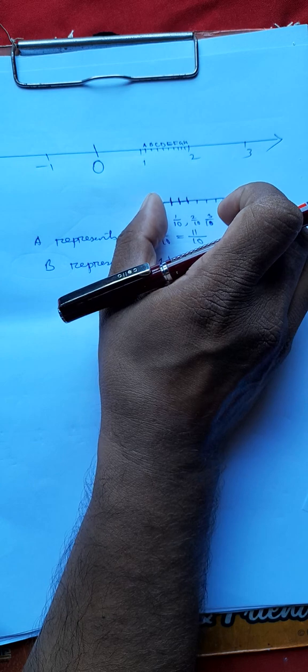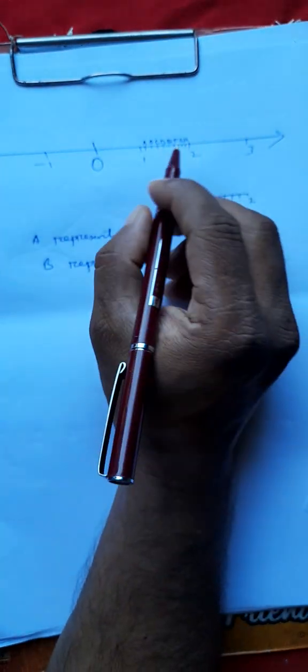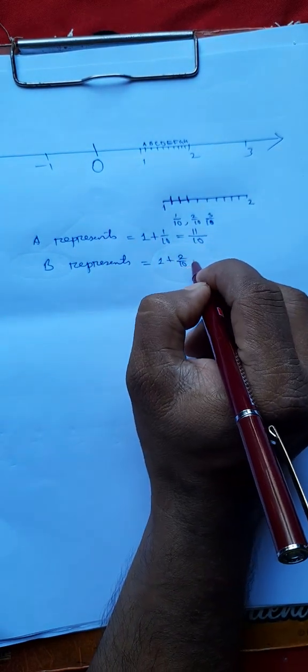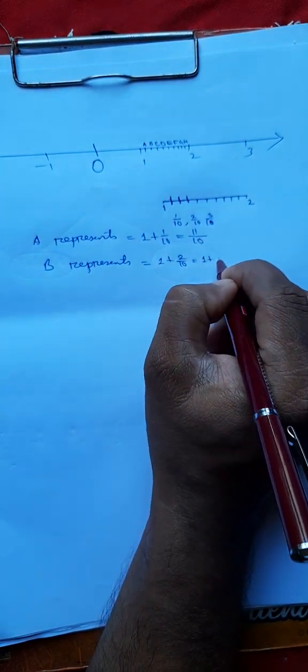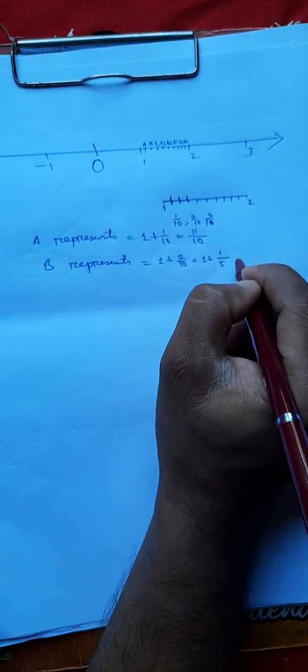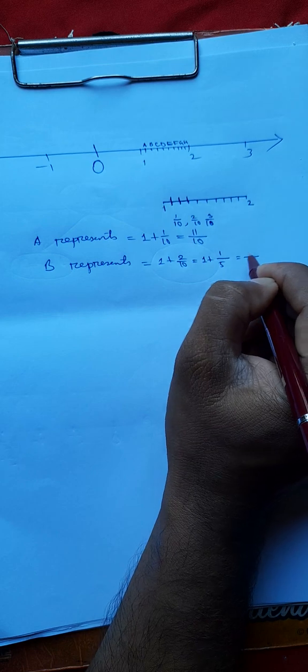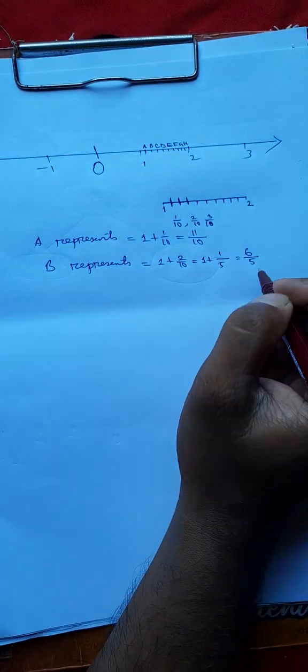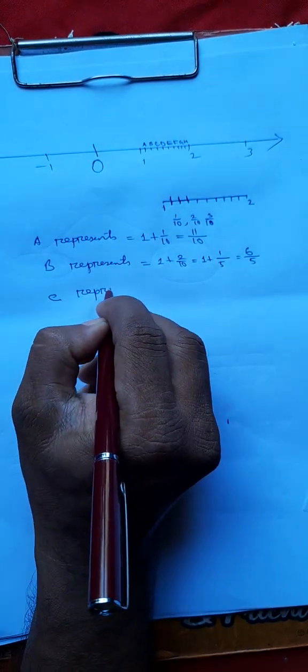We are dividing this segment into 10 equal parts, so B represents 2 portions of 10 parts. 1 plus 2/10 means 1 plus, in lowest terms, 1/5. This means 5 ones are 5 plus 1, 6/5. Point B represents 6/5.